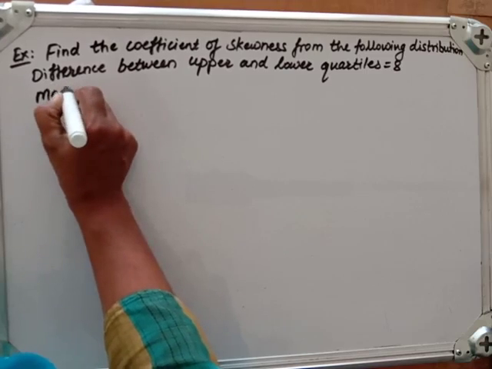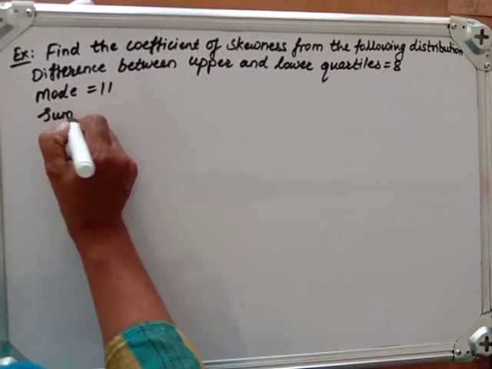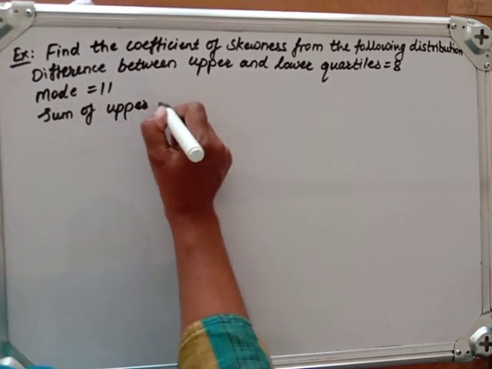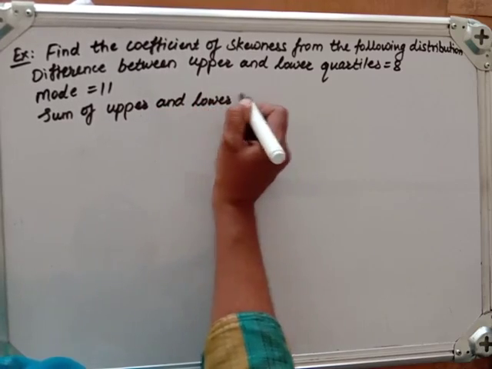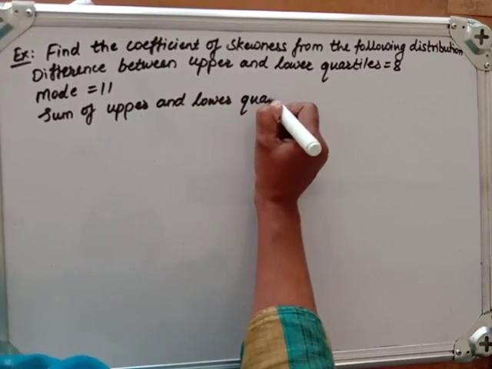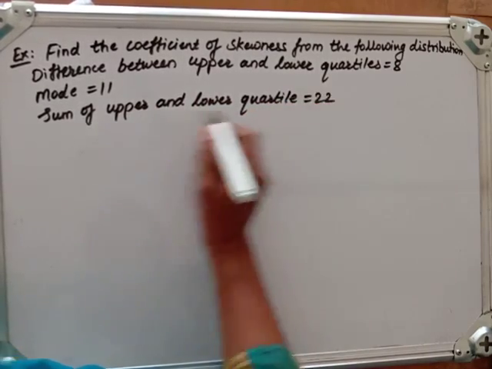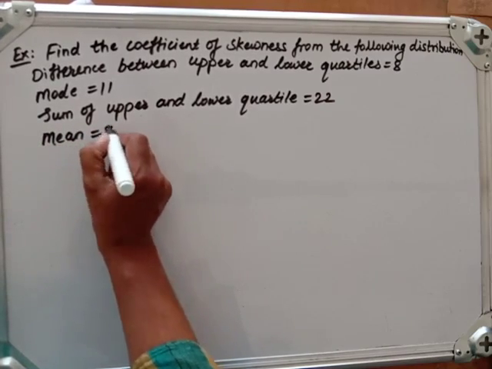Mode equal to 11. Sum of upper and lower quartile equal to 22. Mean equal to 8.